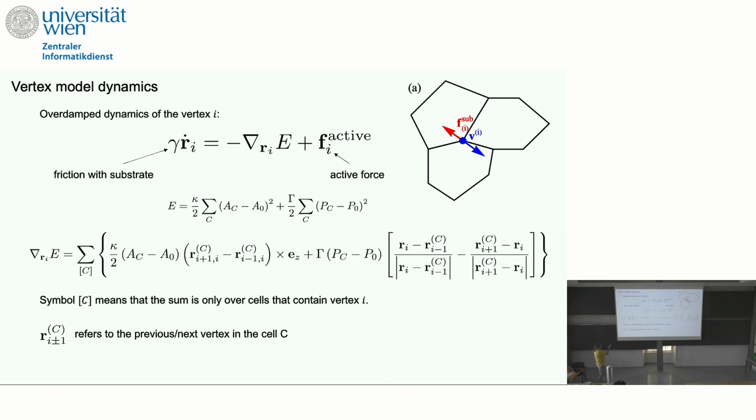The derivation is given in the notes which I share. What all of these symbols mean is hopefully going to become clear as we progress through the actual implementation. I'm only going to focus on the mechanics part.